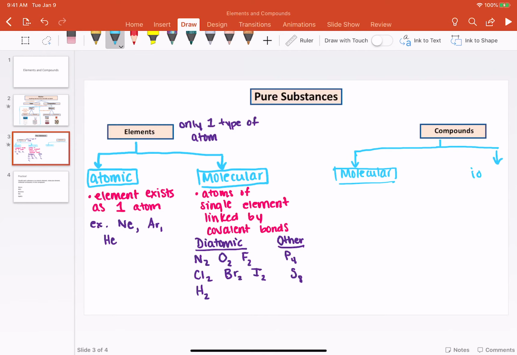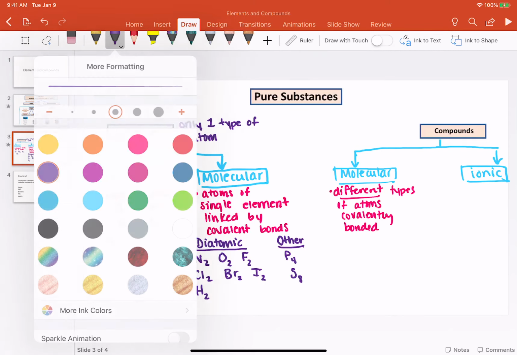This got deleted, let me rewrite that. So we have molecular or ionic compounds, and again, they depend on the types of bonds that are involved. For our molecular compounds, we have different types of atoms that are covalently bonded together. And we recognize many of these already.